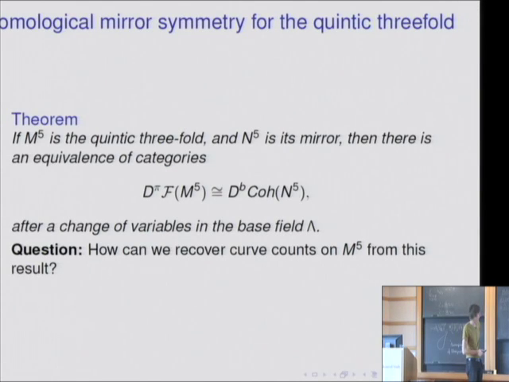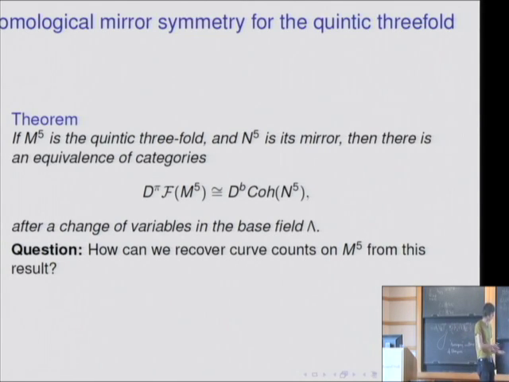First, let me say a theorem in the direction of that first point: in this case of the quintic threefold, that was the original motivation for mirror symmetry, there really is an equivalence of categories. If you take the split-closed, so Karoubi completed, Fukaya category of the quintic threefold, it's equivalent to the bounded derived category of coherent sheaves on the mirror variety, after we make some formal change of variables in the base field.